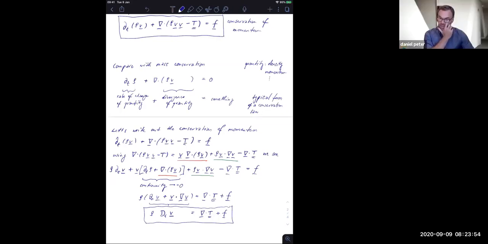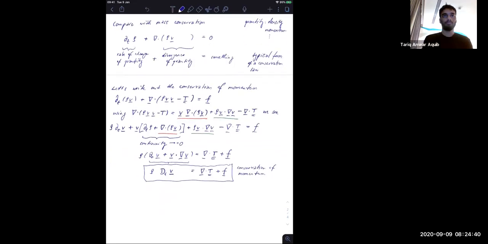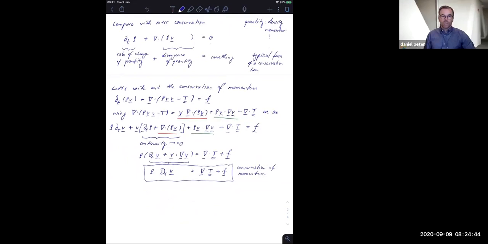So the question is, can we solve this equation? So let's forget about the dimensions.